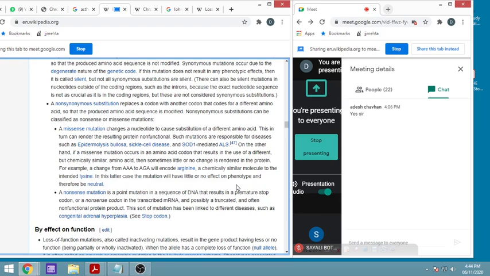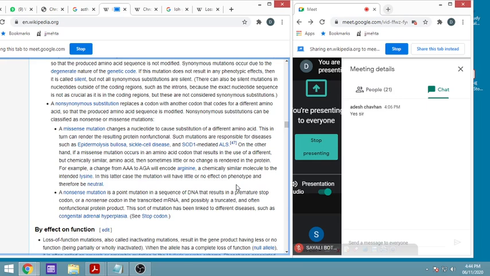Rather, a better way to put it is that it can make a protein with a different function. As I told you, in certain cases it may increase the function, and these mutations are responsible for diseases. There are many diseases, like sickle cell disease, etc. If the missense mutation occurs in an amino acid codon and results in the use of a different but chemically similar amino acid, then sometimes there is little or no change, or even an increase in activity can be there. So this is the impact of the missense mutation.